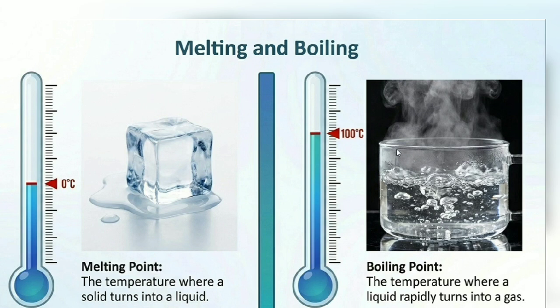Whereas freezing or boiling is a process in which liquid changes into solid or liquid changes into a gas. Boiling point means the temperature at which liquid rapidly turns into gas. In freezing, the liquid changes into solid.